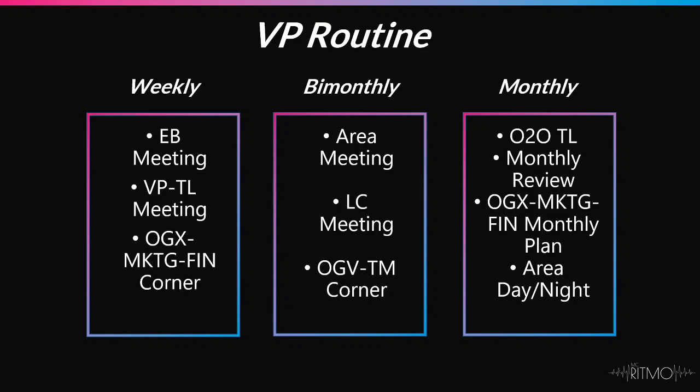Then bi-monthly, a VP has to do an area routine, which means that the team, the TL, and the VP are all together. Then we have LC meetings, and finally OGV and TM corner. Then monthly we have the one-to-one with your TL, the monthly review, the OGX marketing finance monthly plan, and finally the area day or night, as you prefer.